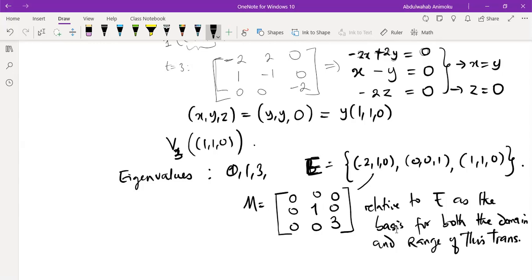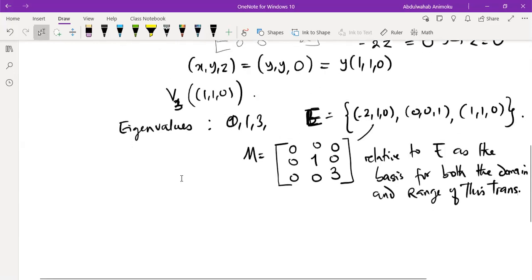So this whole method is just to change the way we think about the transformation relative to the standard basis, and we convert that to a new matrix which has its own special combination of vectors as the basis.